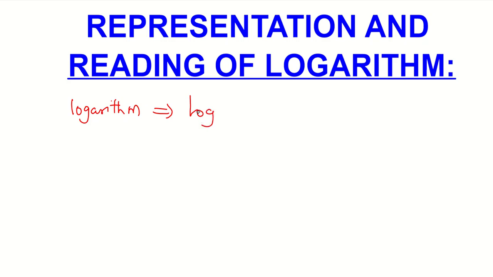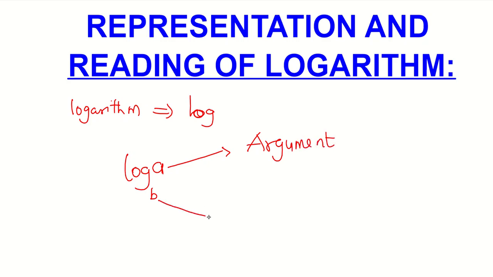If you see anything written like this, it basically refers to the short form of logarithm. Hence, if we have logarithm a and b here, it implies that the a is what we call the argument, and the b is what we call the base.